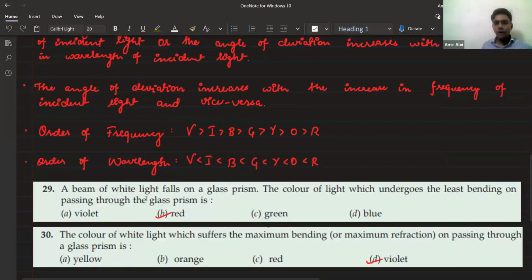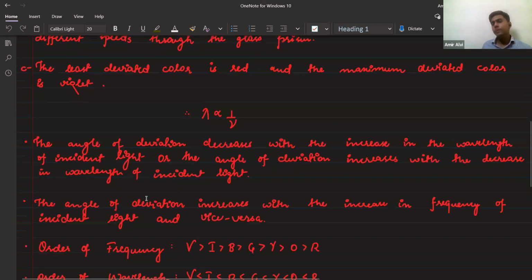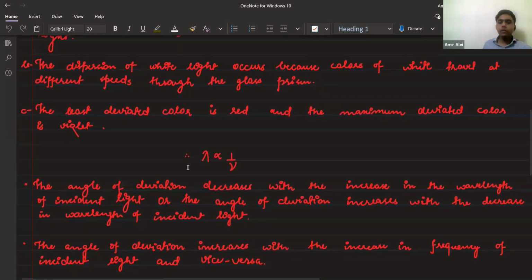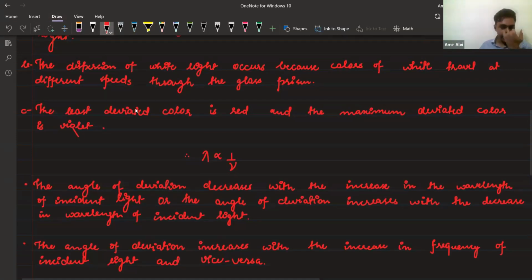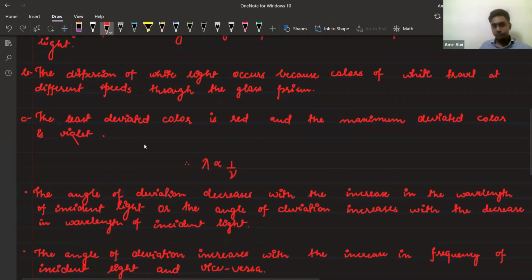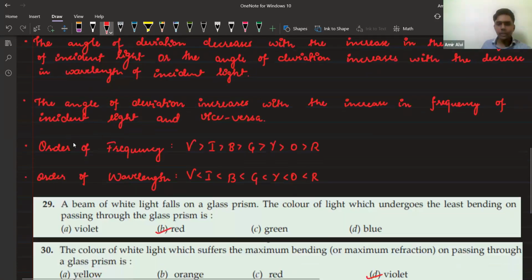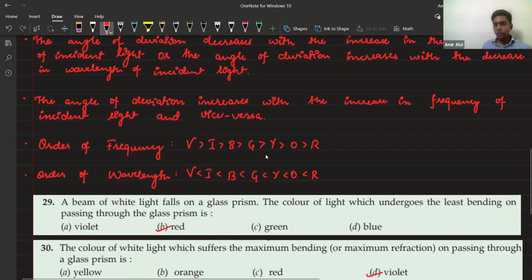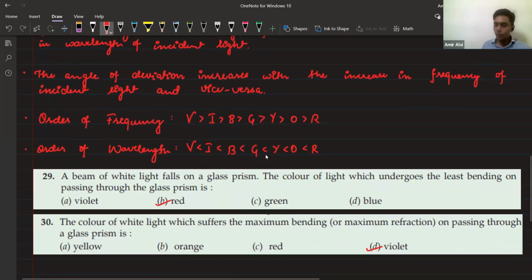I've told you that wavelength is inversely proportional to the frequency of the light, and according to that, I've also written the order of frequency. So we can easily identify which color will deviate the most and which color will deviate least, right? Zainab and Junaid, is this clear? Yes, sir.